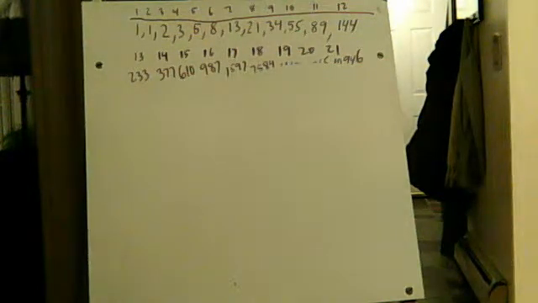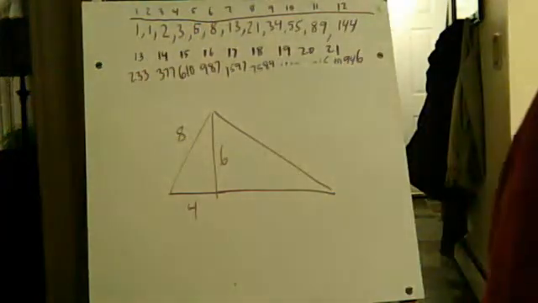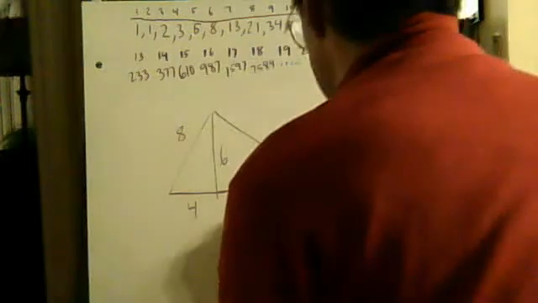Problem 48. Find the value of x and y so that the shaded rectangle is a gnomon. Okay, so this one looks like this. 8, 4, 6. Then we have y, then we have x.